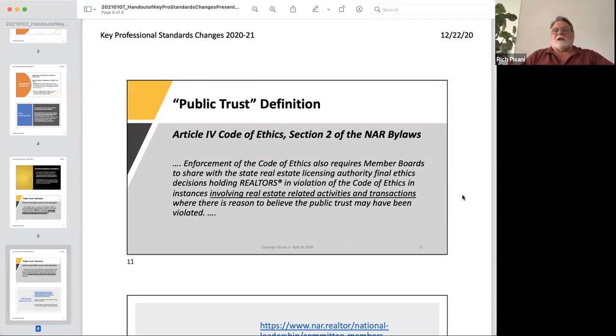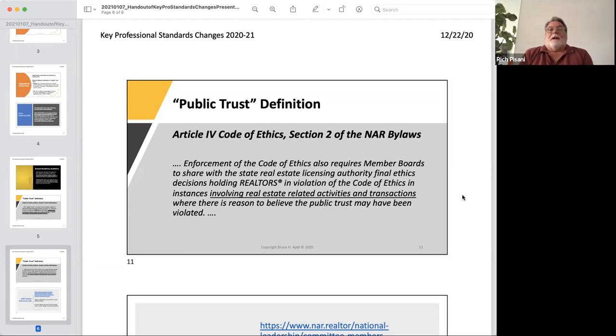Enforcement of the Code of Ethics also requires member boards to share with the state real estate licensing authority final ethics decisions holding realtors in violation of the Code of Ethics in instances involving real estate related activities and transactions where there was a reason to believe the public trust may have been violated.